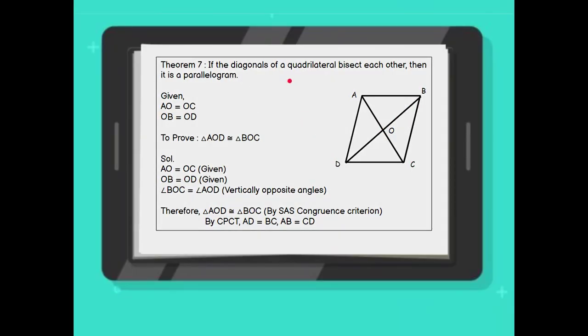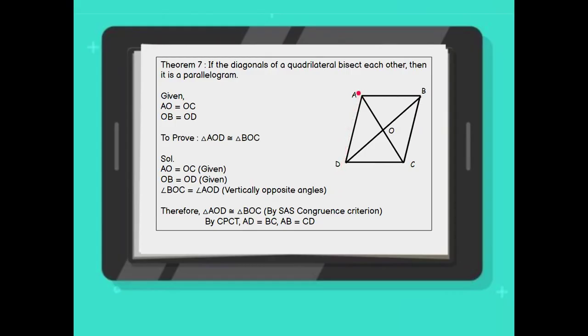Seventh one. If the diagonals of a quadrilateral bisect each other, then it is a parallelogram. This is the converse of the last theorem. Here it is given that AO is equal to OC and OB is equal to OD. We need to prove that AB is parallel and equal to CD, and BC is parallel and equal to AD.